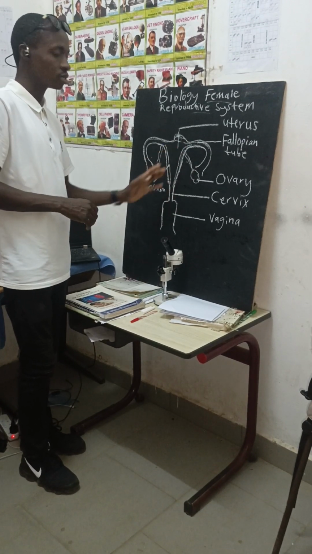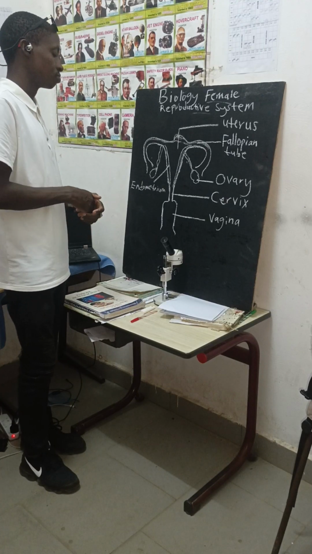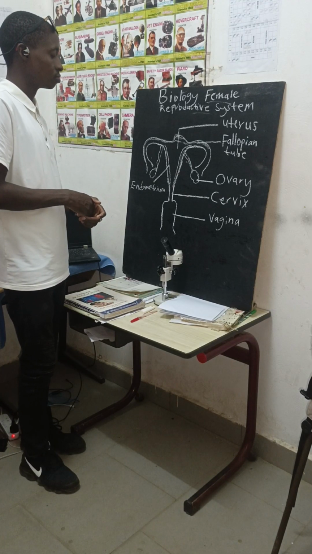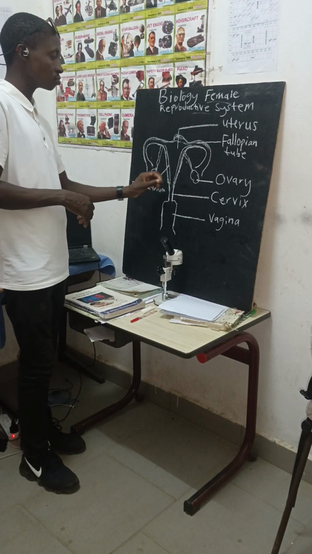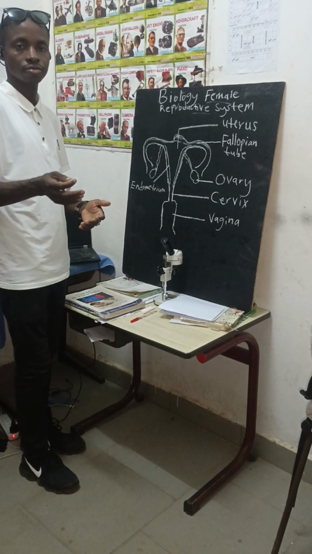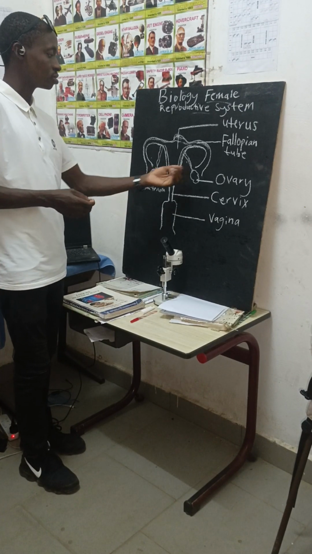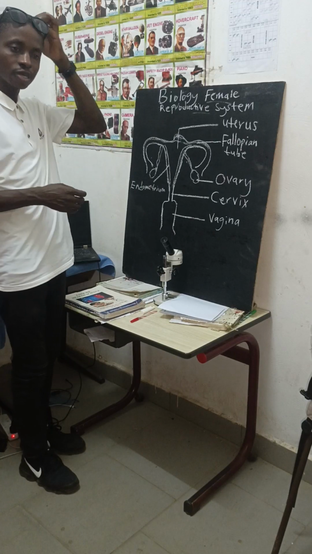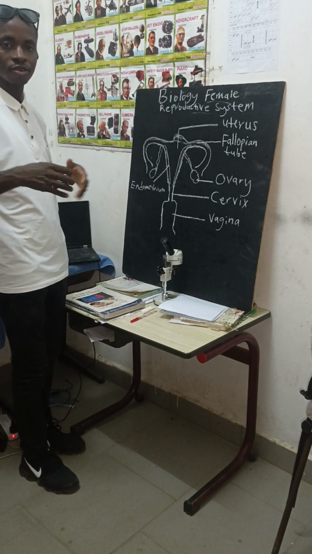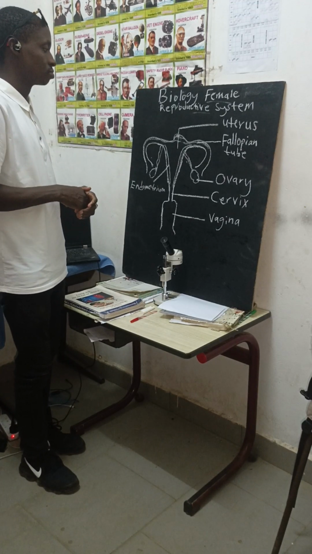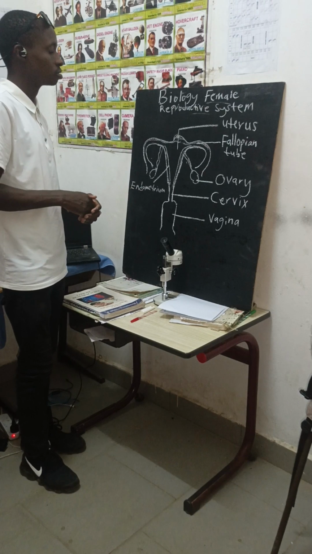Progesterone can help in the maintenance of pregnancy, and estrogen can help in the development of the secondary sexual characteristics in females, like the development of the breast, and so on and so forth.